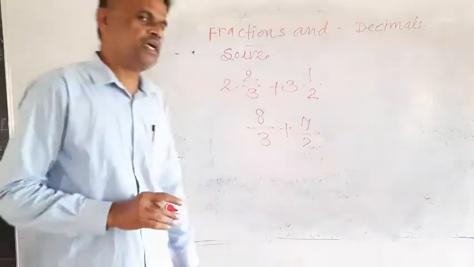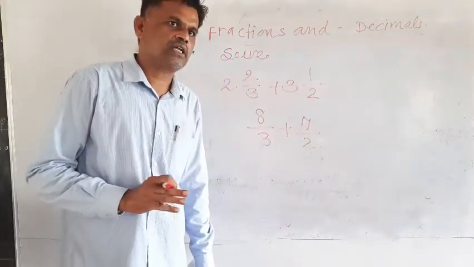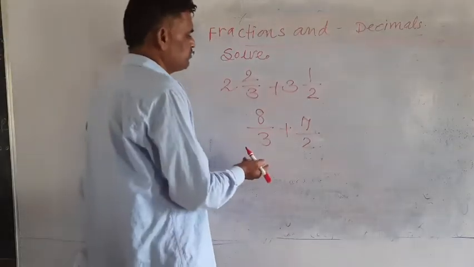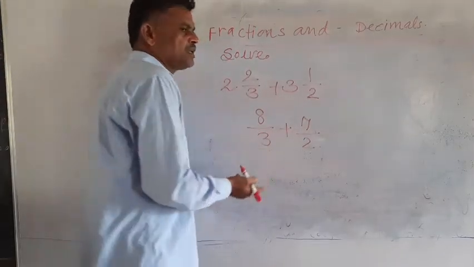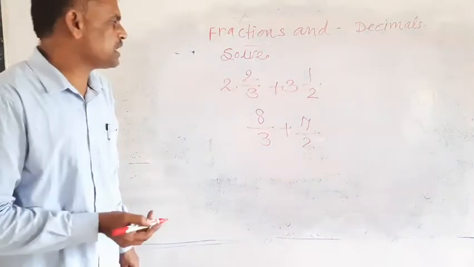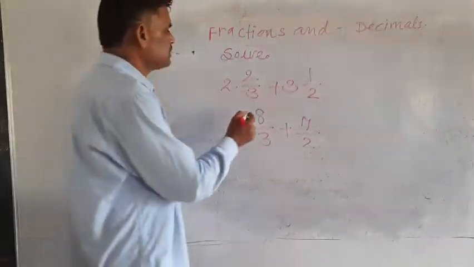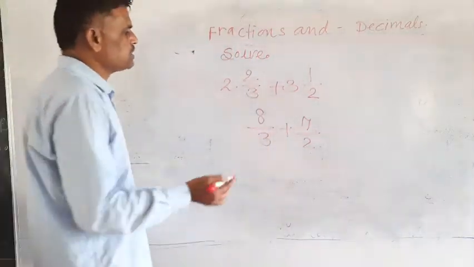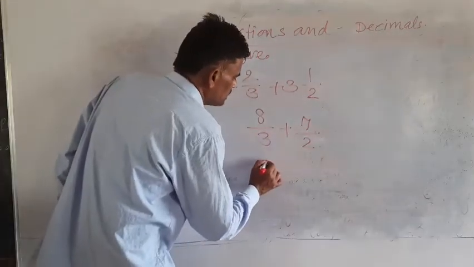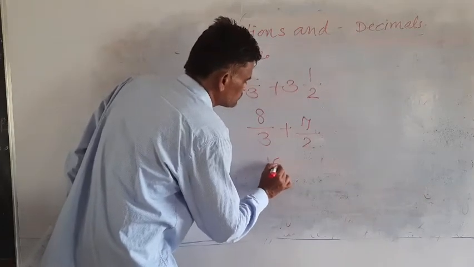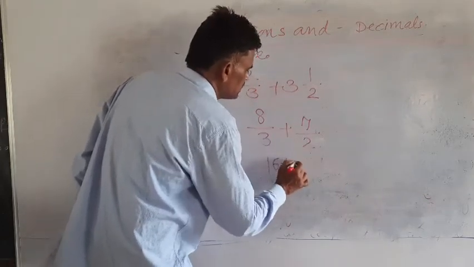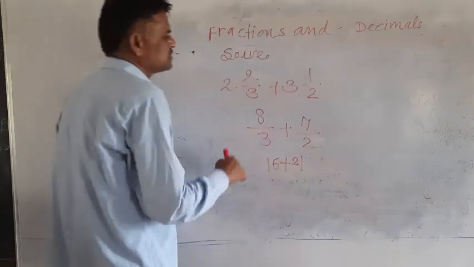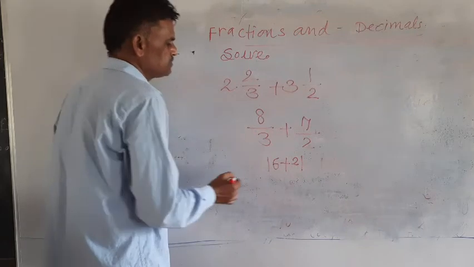Now 3 and 2 are co-prime numbers and they are prime. Then with these numbers we can do cross multiplication: 2 eights are 16 plus 3 sevens are 21. 3 sevens are 21.